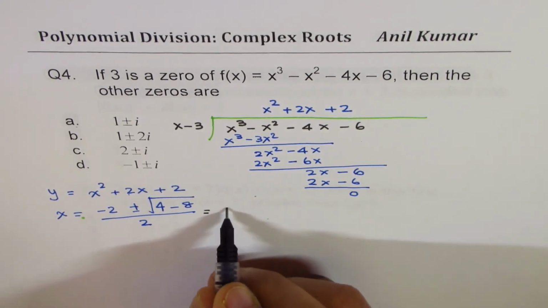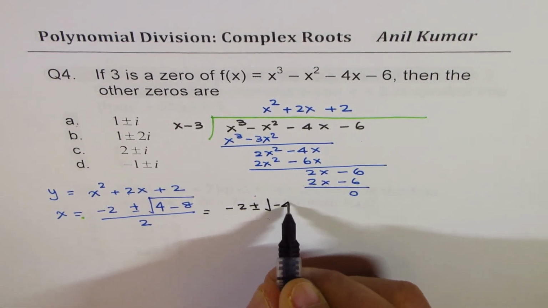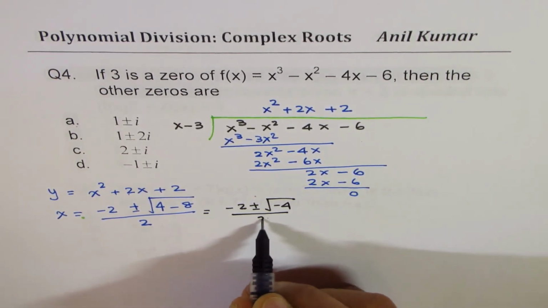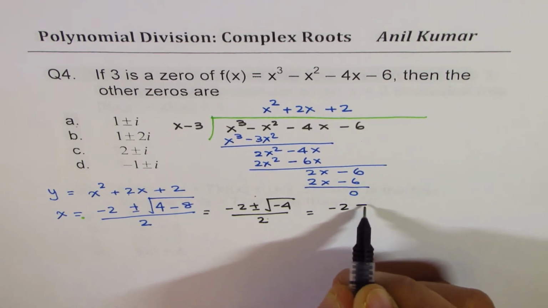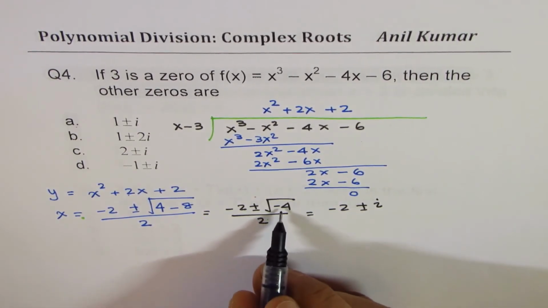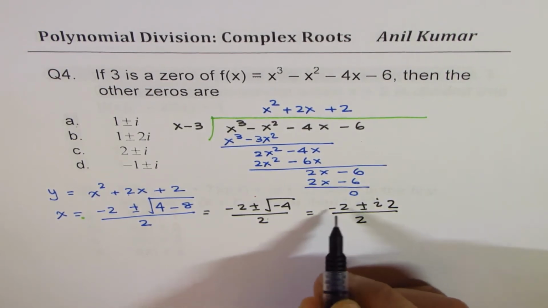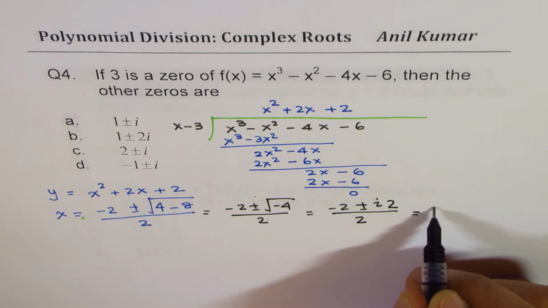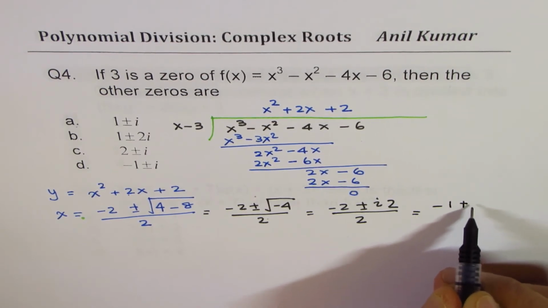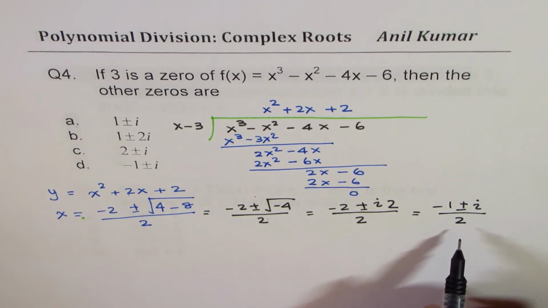So that gives you minus 2 plus minus square root of minus 4 over 2, and this is minus 2 plus minus, negative square root is i, and for 4 we get 2, right? Divided by 2. Now 2 is a common factor.